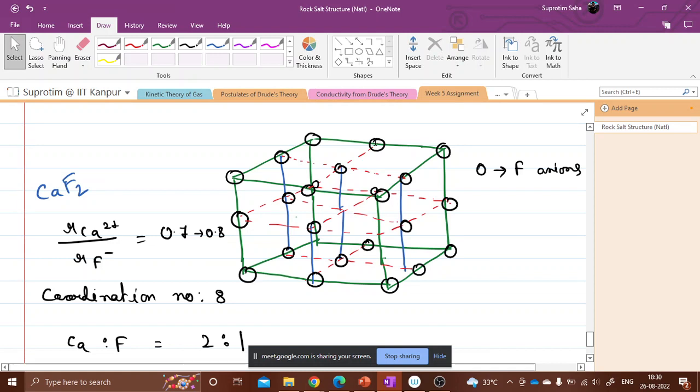So to avoid that, you fill the calcium cations in this cube, this cube, this cube, and this cube, right?